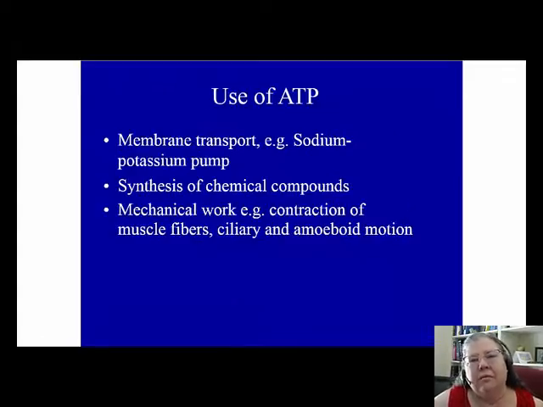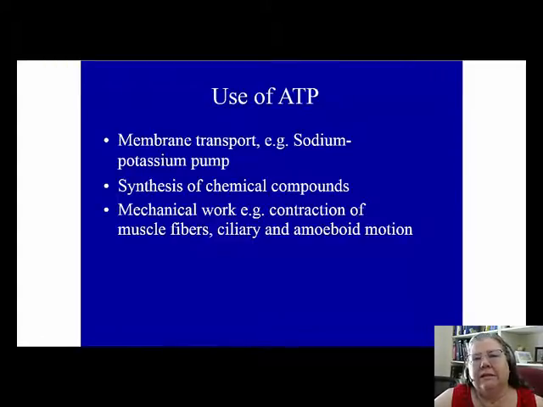But you do have to remember that ATP is essential for life. ATP does work. Among the most important work it does is pumps on membranes.